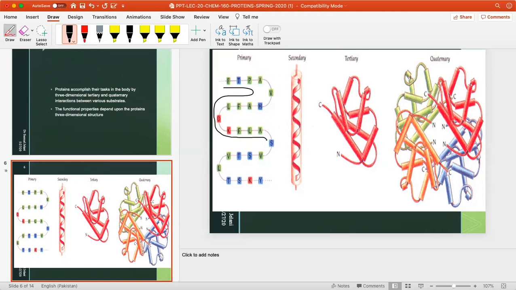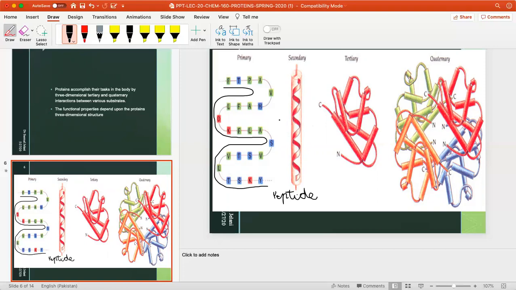All the amino acids are connected to one another via a bond which is known as the peptide bond. So the bond is the peptide bond.